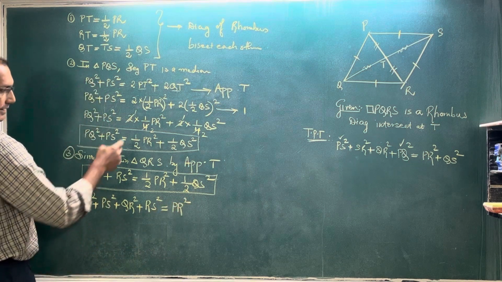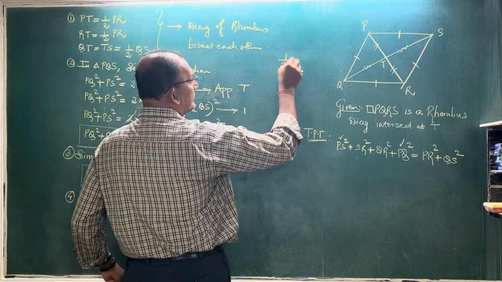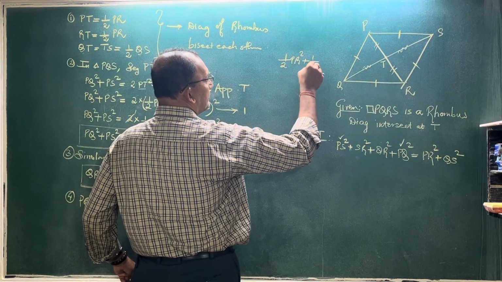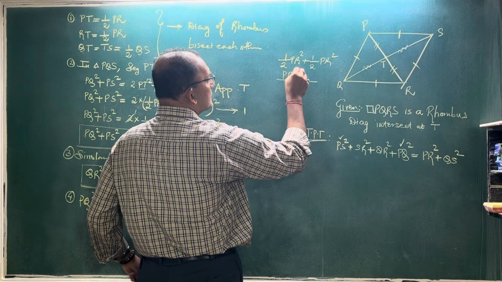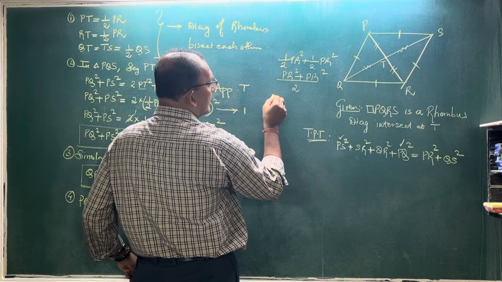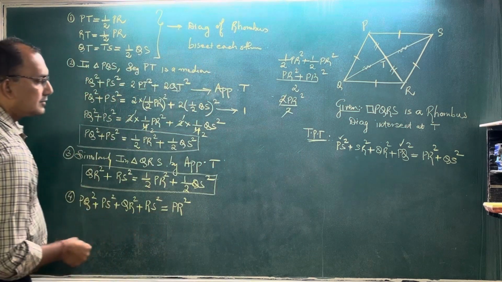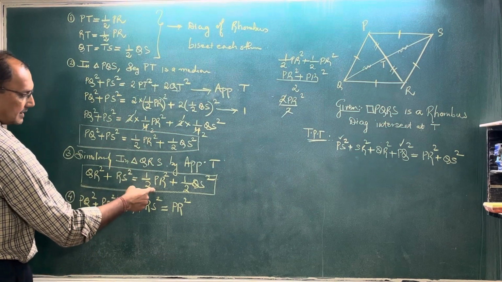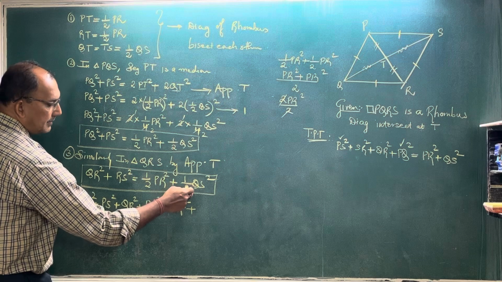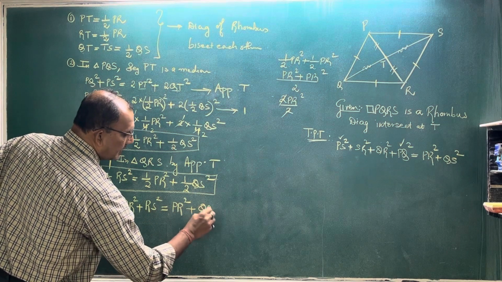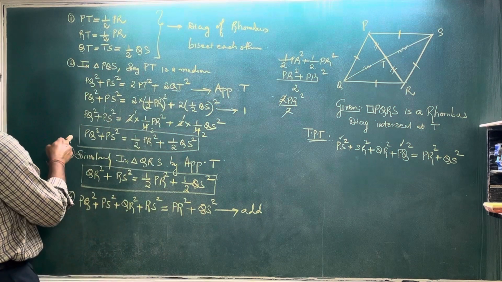Is it right? When I take LCM and add up, it is half PR square plus half PR square, so LCM is 2. So PR square plus PR square gives me 2 PR square upon 2. The 2 gets cancelled. So this is how I get half PR square plus half PR square is equal to PR square. Plus here half QS square plus half QS square again gives me QS square. This is by adding statement number 2 and 3.